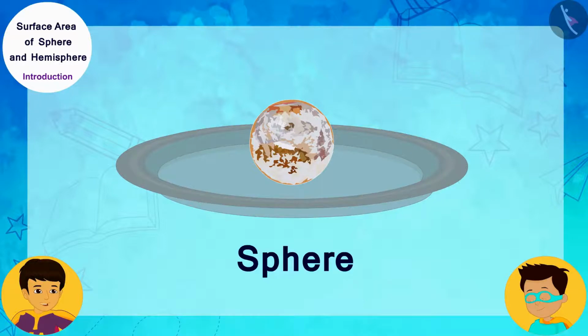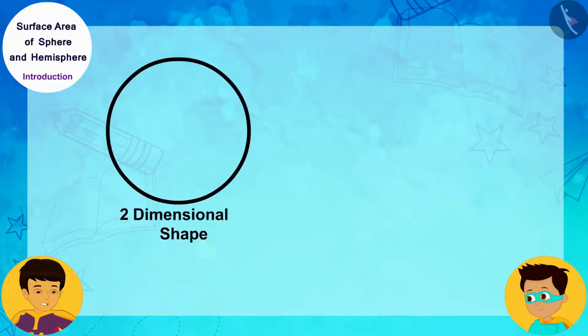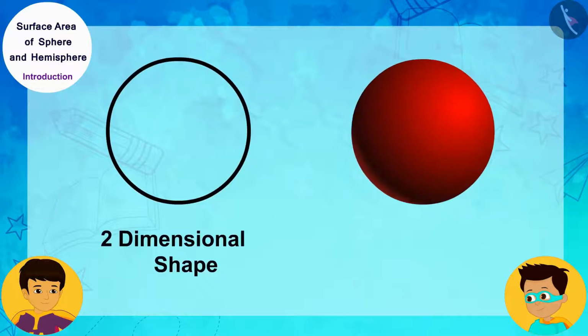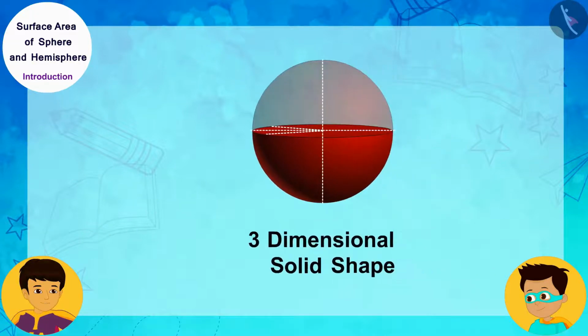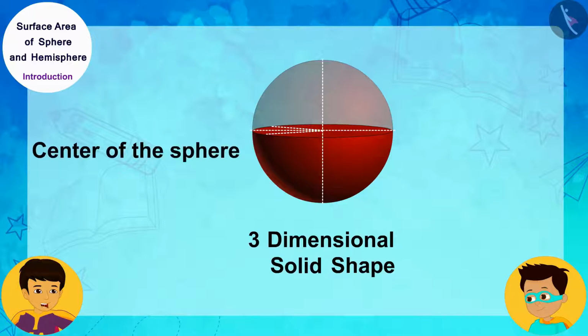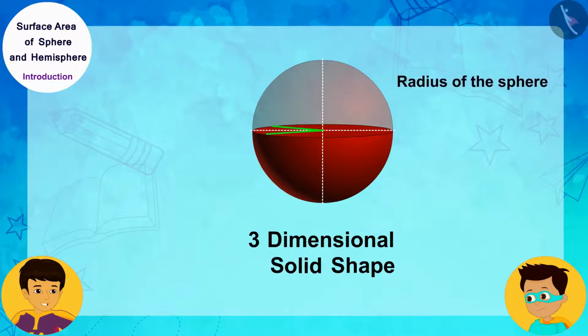Thomas, just like a circle is a two-dimensional shape, a sphere is a three-dimensional solid shape, which is made up of all those points in space which are at a certain fixed distance from a certain fixed point. This fixed point is called the center of the sphere, and the fixed distance is called the radius of the sphere.